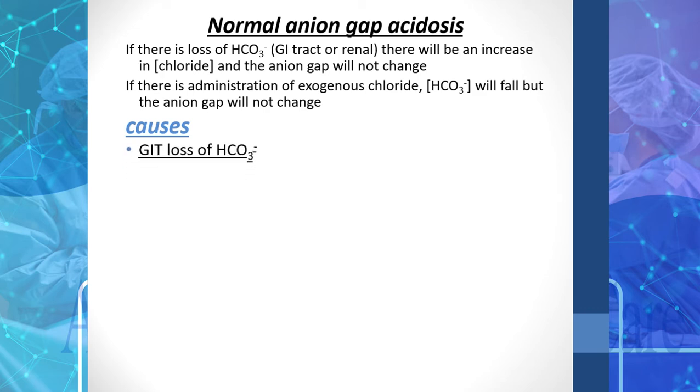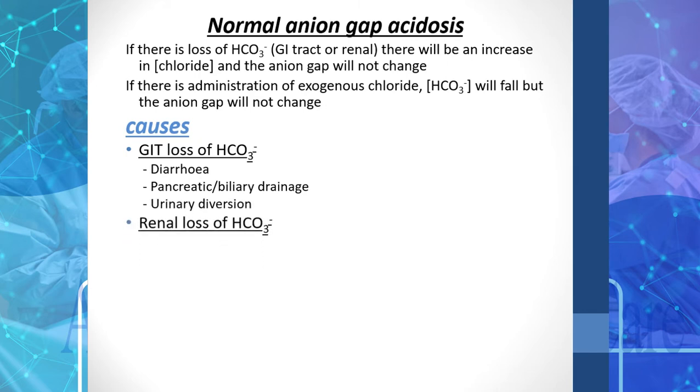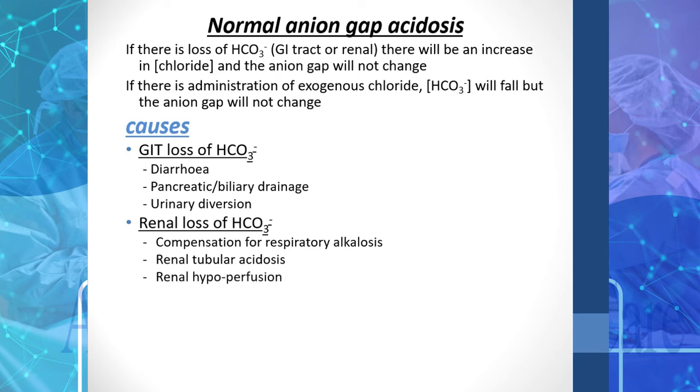So the causes: GIT loss of bicarb like in diarrhea, pancreatic or biliary drainage, urinary diversion, and renal loss of bicarb, usually compensation for respiratory alkalosis. Okay, and then renal tubular acidosis, and renal hypoperfusion.